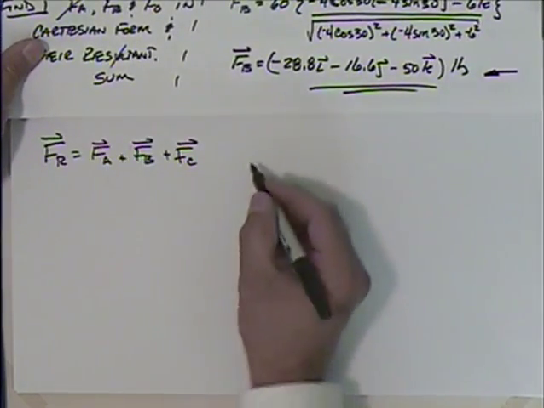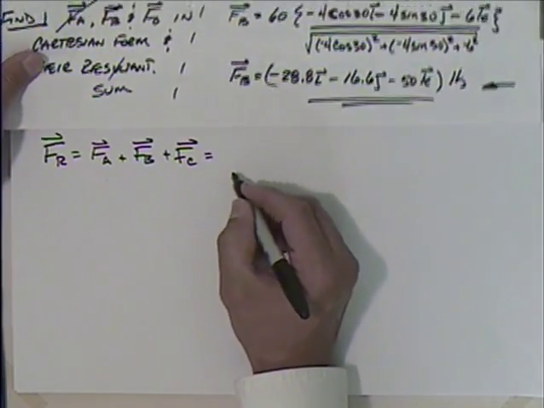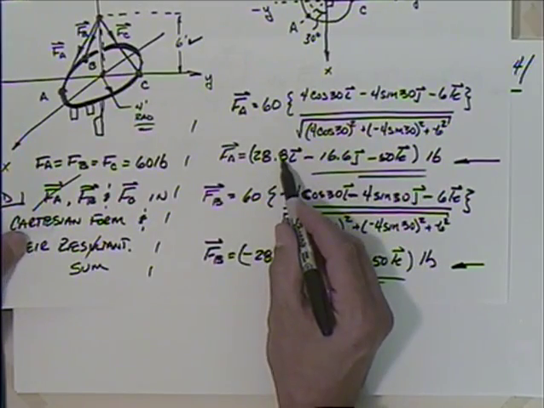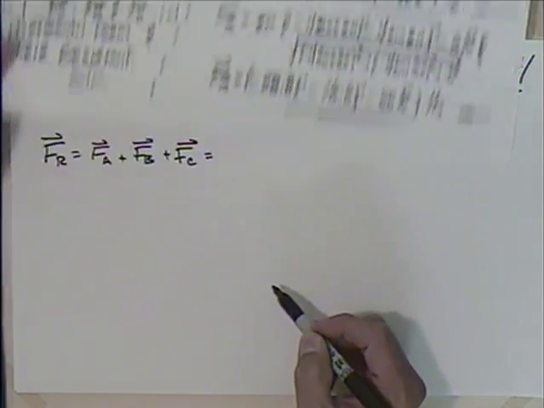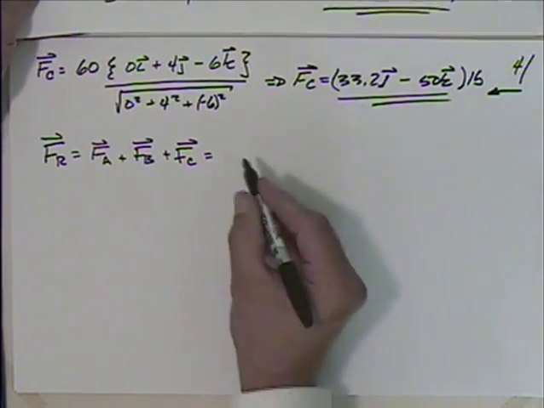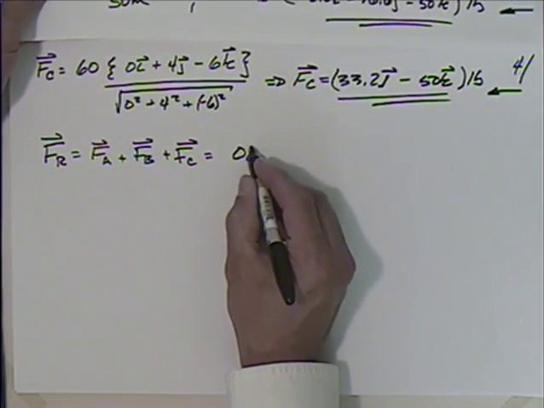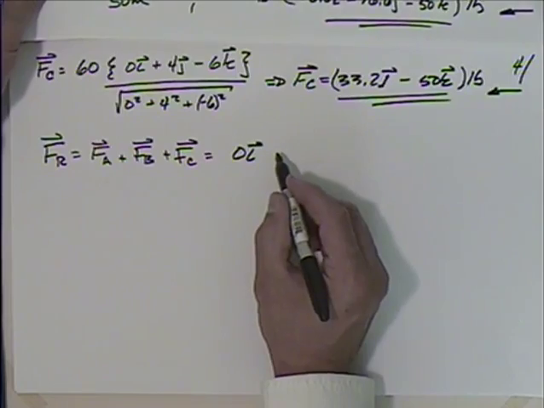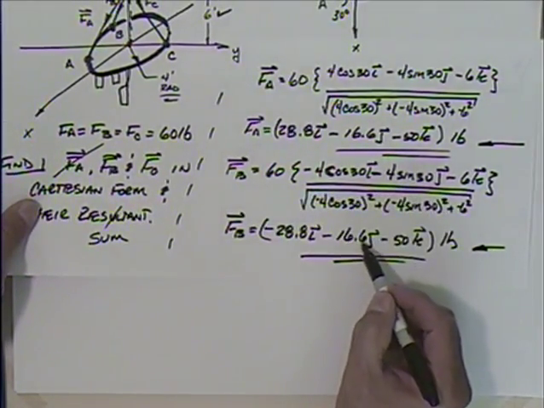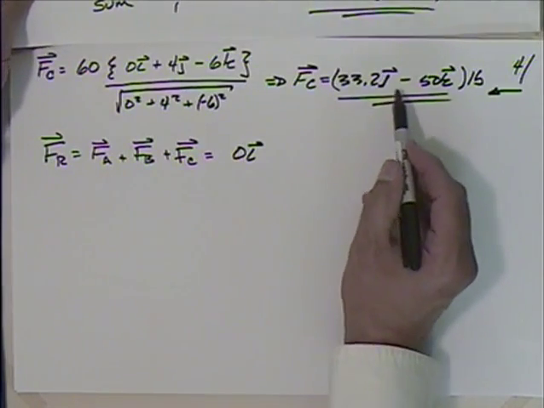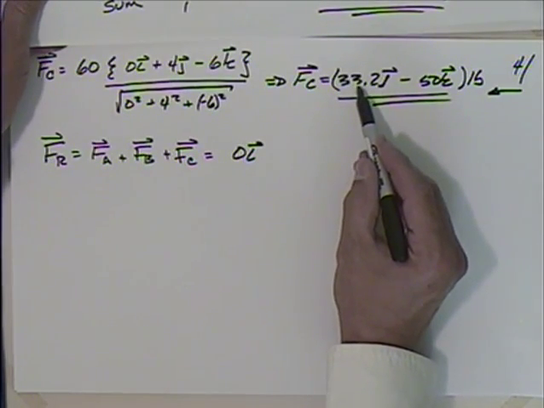So for the i component, I'm going to have 28.8 for f sub a minus 28.8 plus 0, so I get 0 in the i direction. Then I'm going to have minus 16.6 minus another 16.6 plus 33.2.